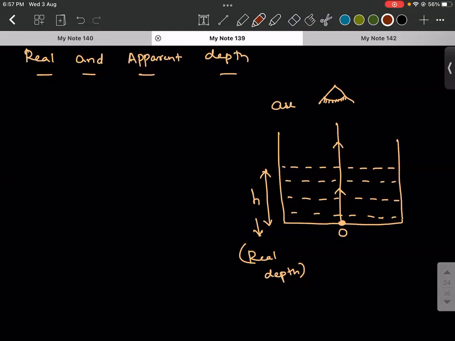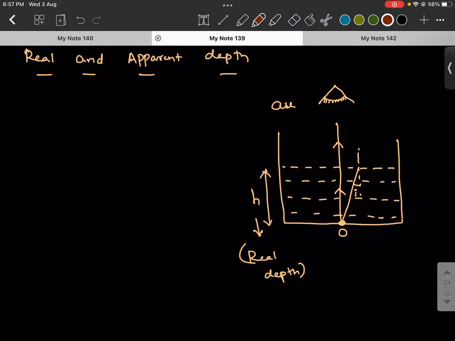If I take the second ray slightly inclined in this manner, and say the ray is incident at an angle I with respect to the normal drawn at the boundary, then what will happen? Correction.